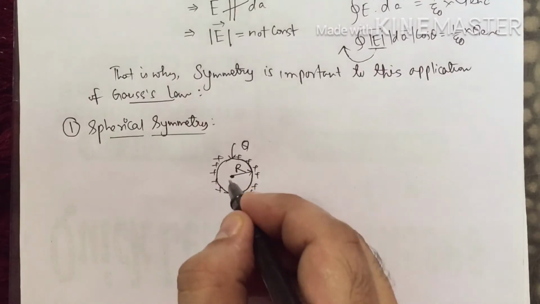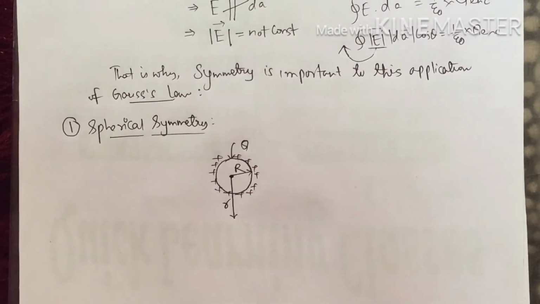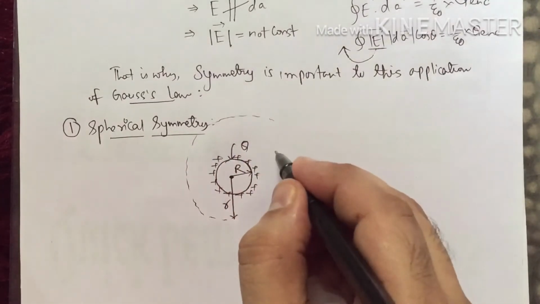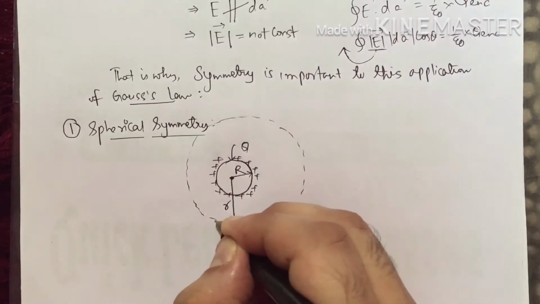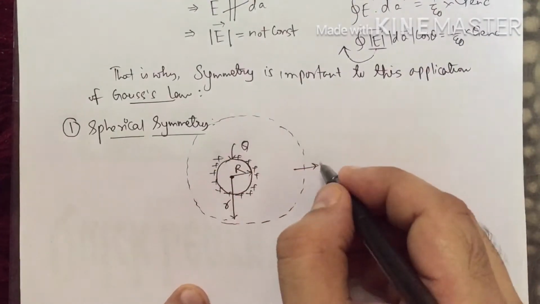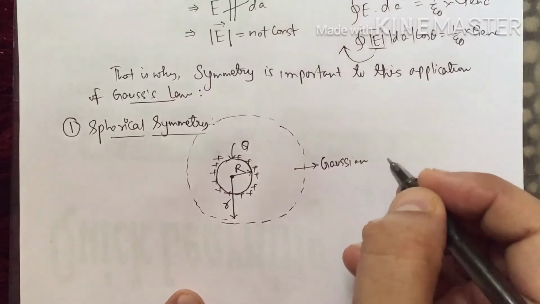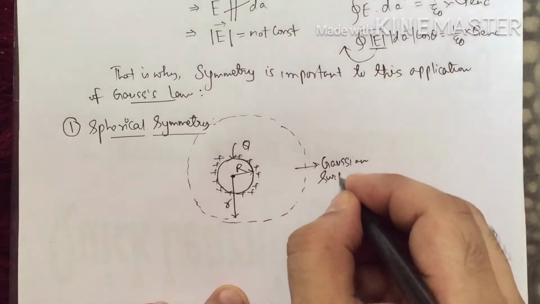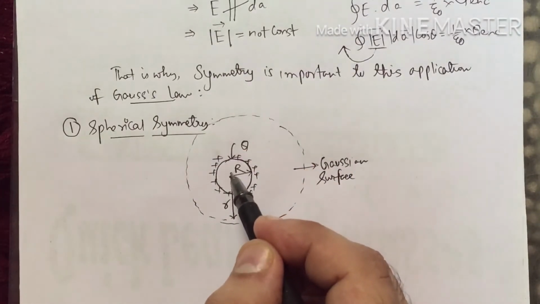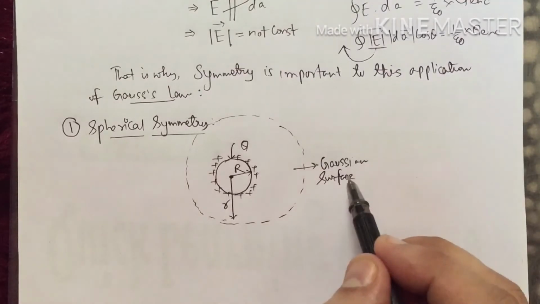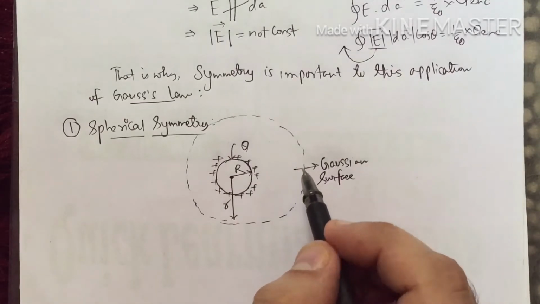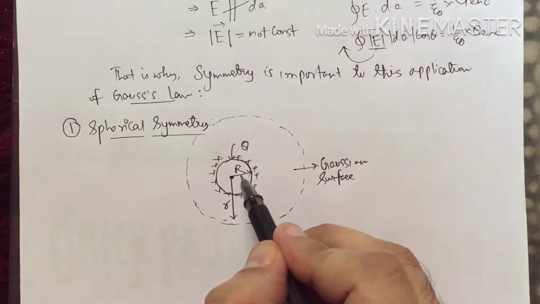Taking center as common, r as a radius, we can always draw a Gaussian surface around the sphere, and this Gaussian surface is a concentric sphere around this spherical distribution of charge.